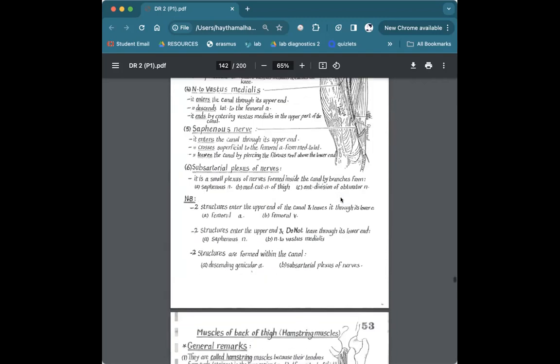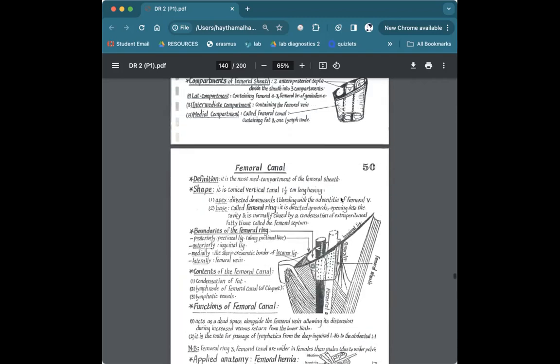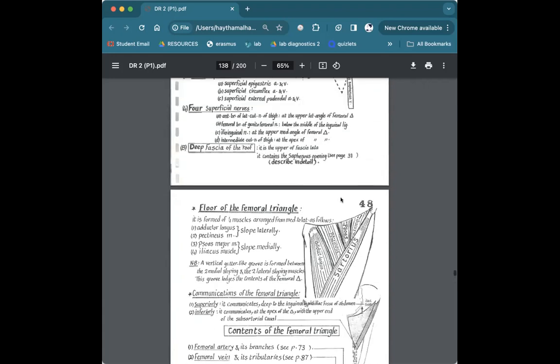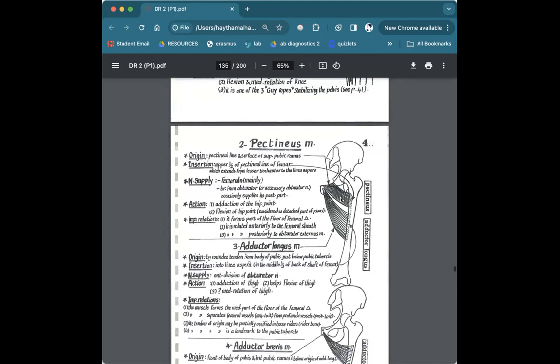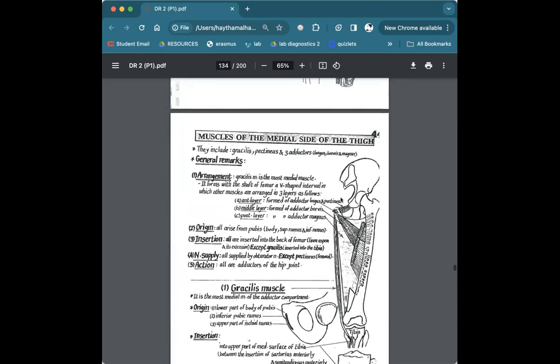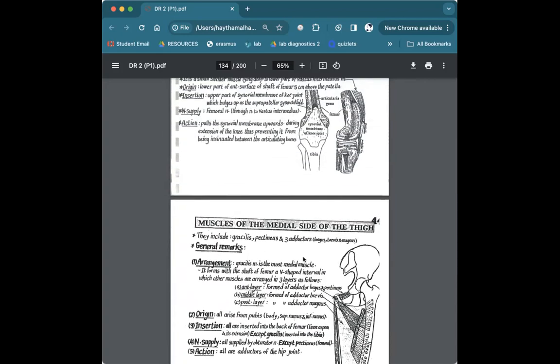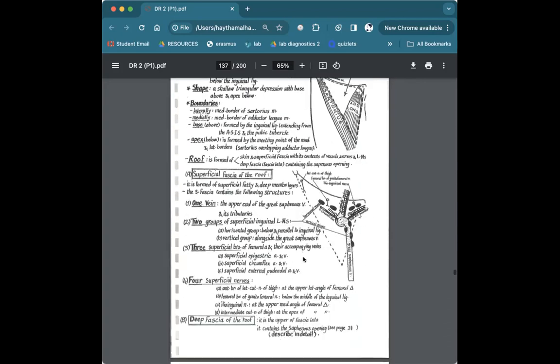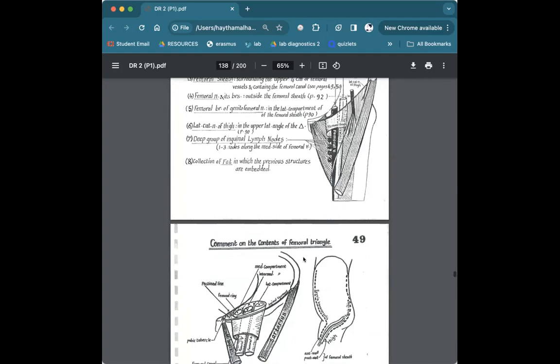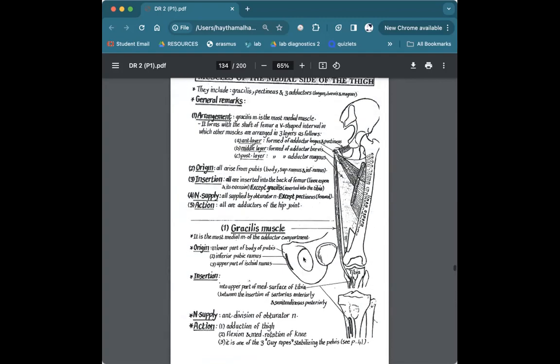Then, for example, we went over them quickly, but take the pages for the anterior compartment of the thigh. That's the femoral triangle. Where's the anterior compartment?